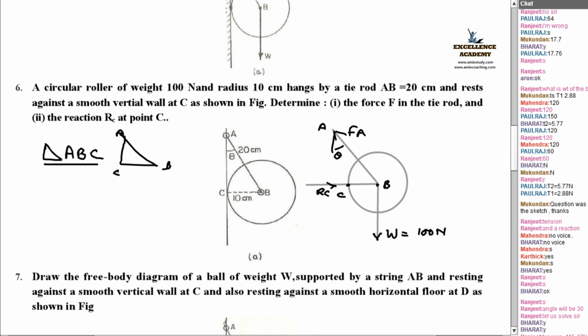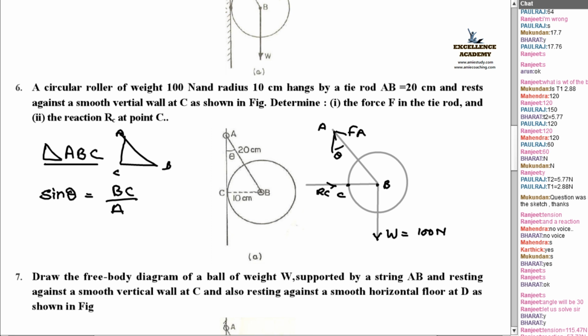Then how can I get theta? By using sine theta, isn't it? Sine theta equals opposite side BC by AB. What is BC there? 10 cm. What is AB there? 20 cm.